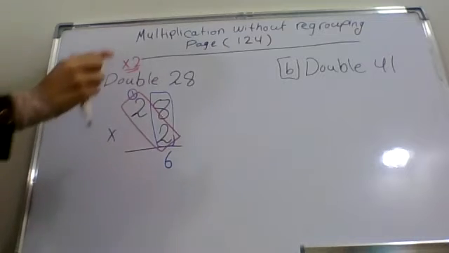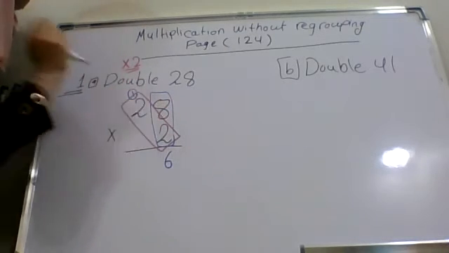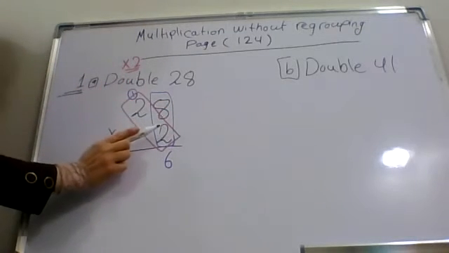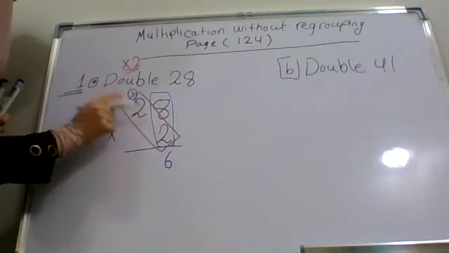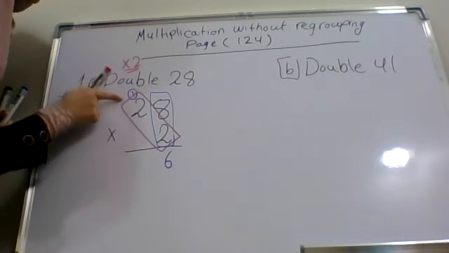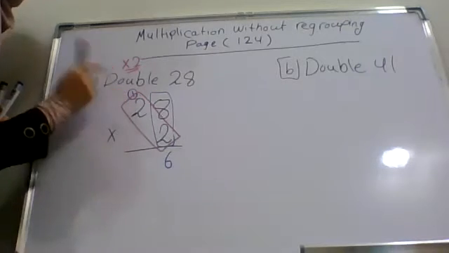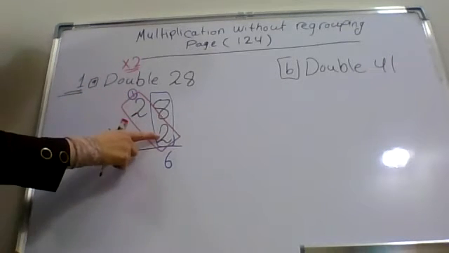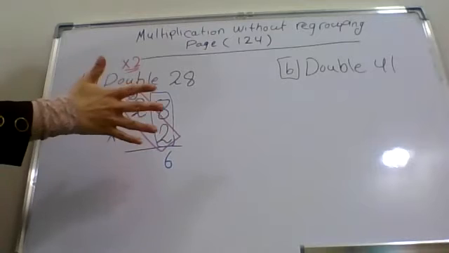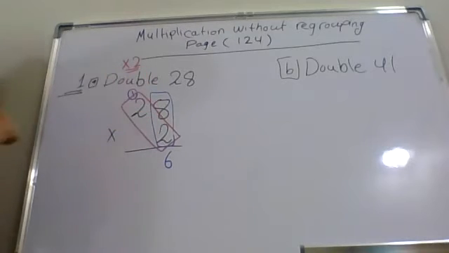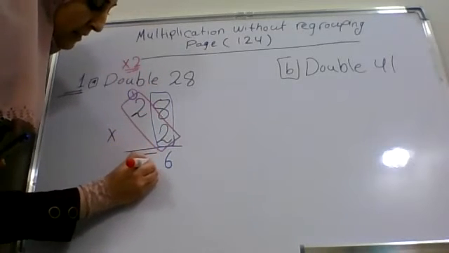So make sure to start multiplying from the ones place. Now I multiply 2 times 2, excellent, it's 4. I write 4. Did I forget something? Oops, I forgot the 1 over here. So 2 times 2 equals 4, and I add 1, so the answer is 5. So I write 5 on the tens place.